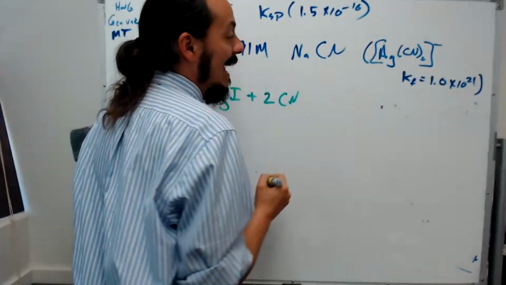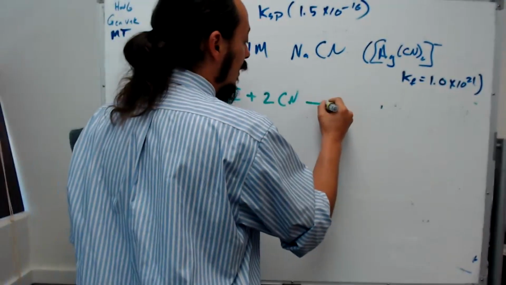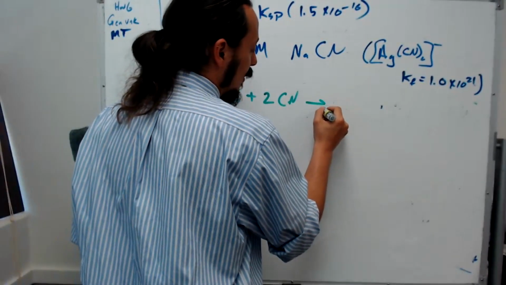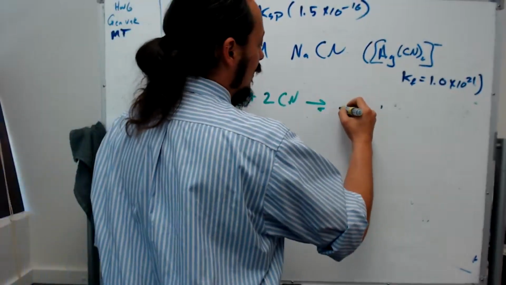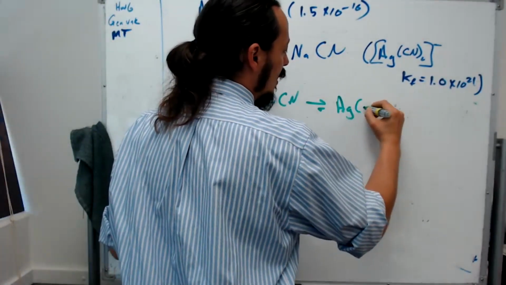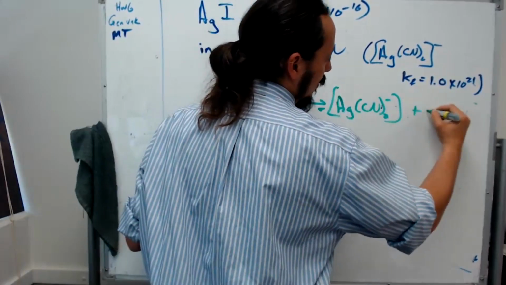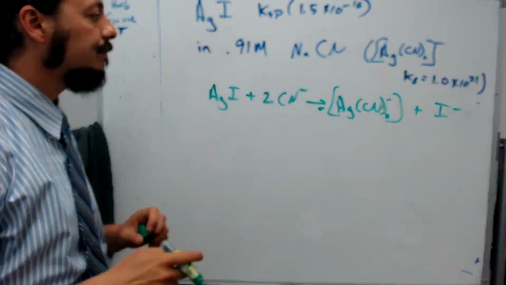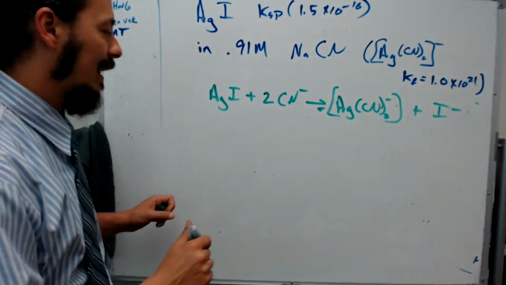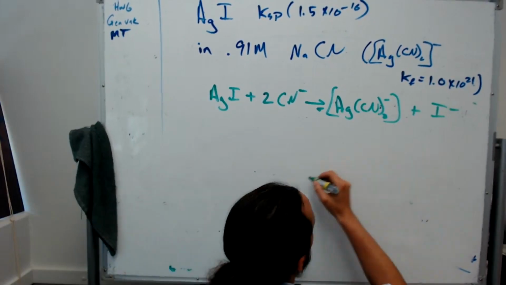So this is my reactant, and I also want to write it that way for this reason. I'm already going to predict that it's going to be product favored, going to AgCN2 minus plus I minus.